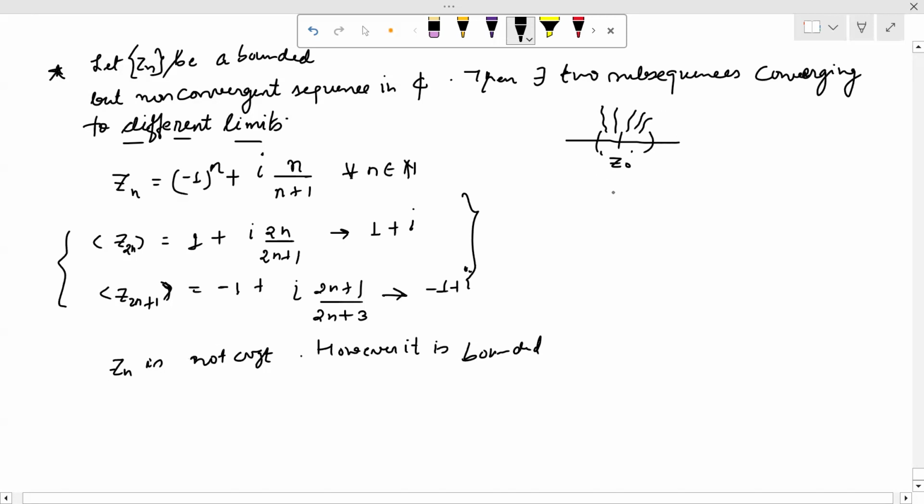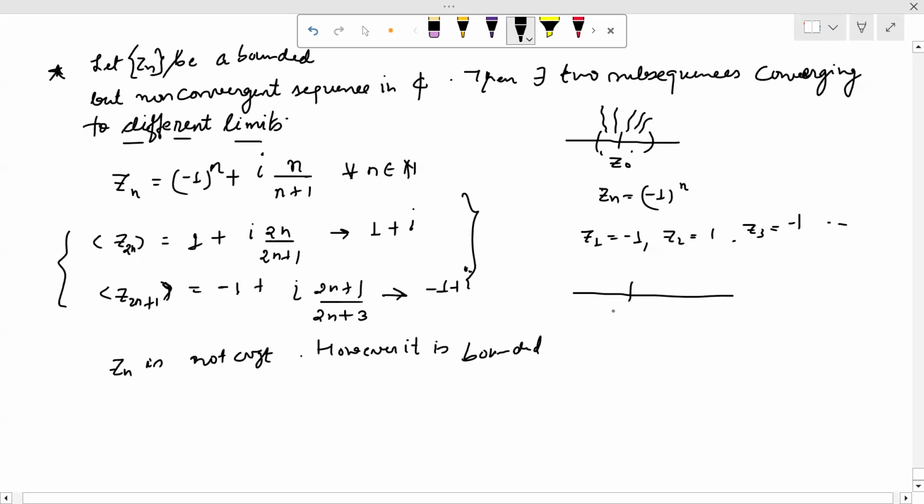So let's say zn is equal to (minus 1) raised to power n. Now any neighborhood of 1 will contain infinite members of the sequence. For example, z1 is minus 1, z2 is 1, z3 is minus 1, and so on and so forth.